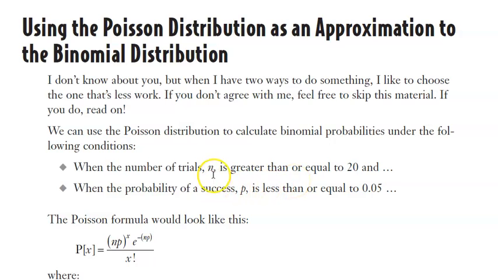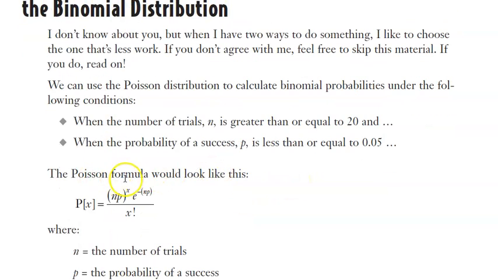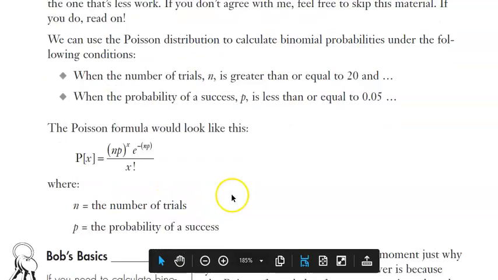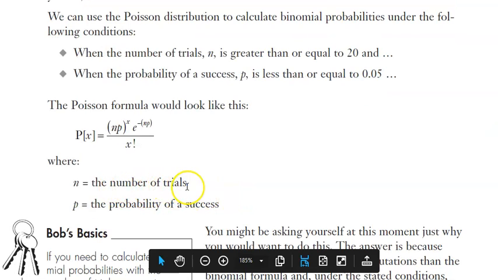a binomial formula. So the Poisson formula will look like (n times p) raised to power x, into e raised to power minus n times p, divided by x factorial, where n is the number of trials that must be greater than or equal to 20 and p is the probability of success in a binomial trial that must be less than or equal to 0.05.